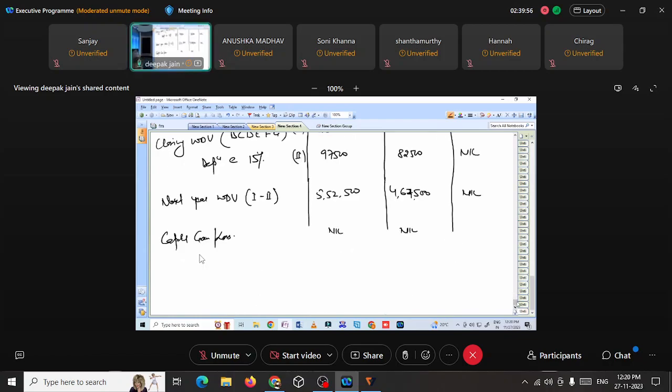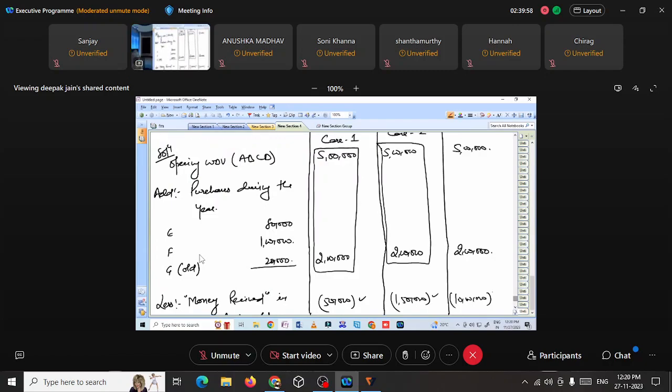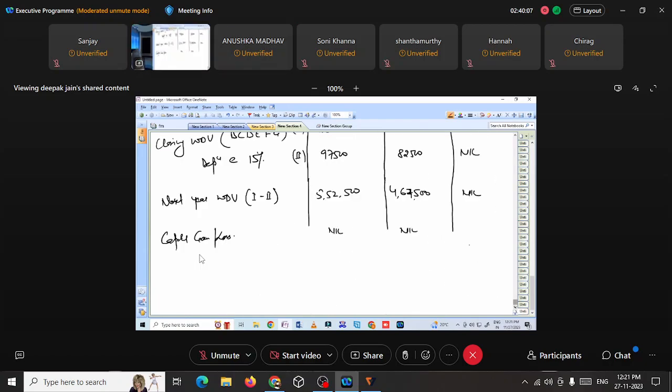In the third and last case, carefully, whether sale price exceeds the value of block? Yes. So balancing figure how much? 3 lakh. Short-term capital gain under section 50.